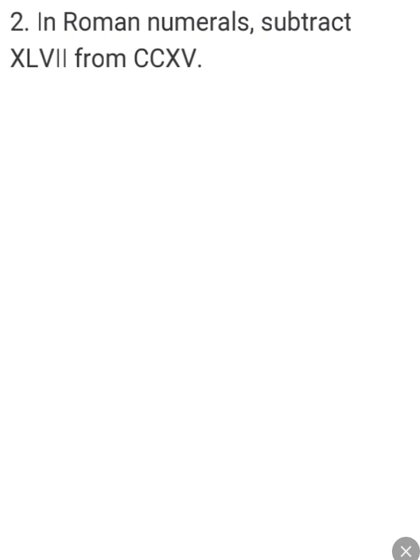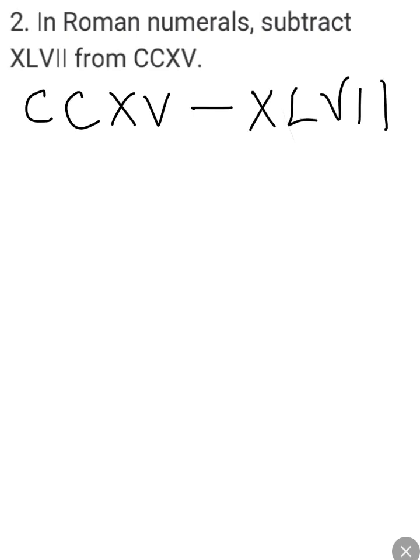And so I'll now write the command as CCSV. It will appear first because it's the one appearing after from, minus SLVII. So that's how we present it.